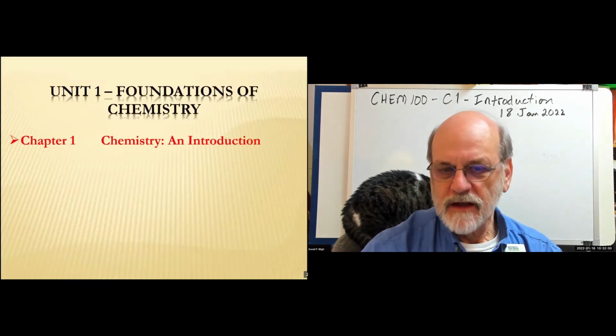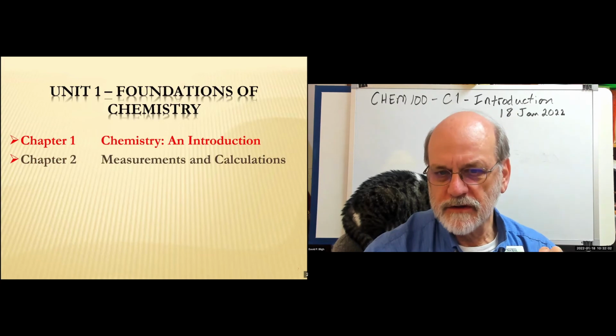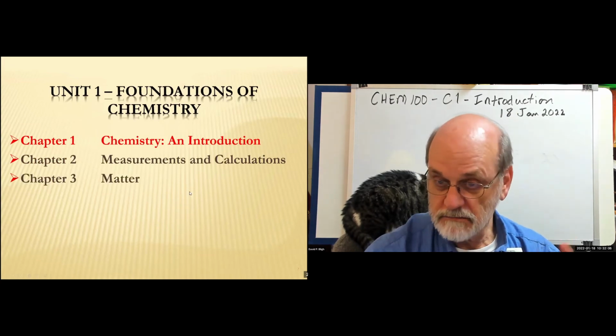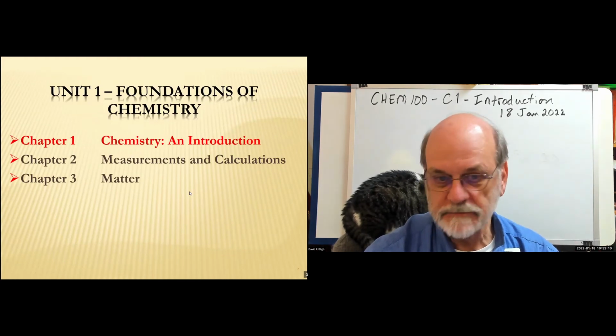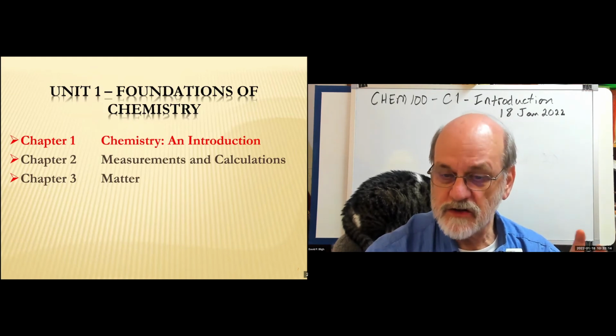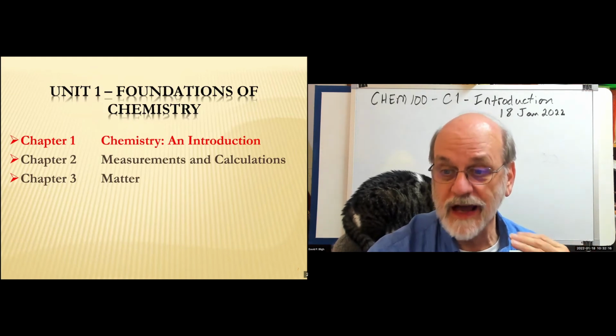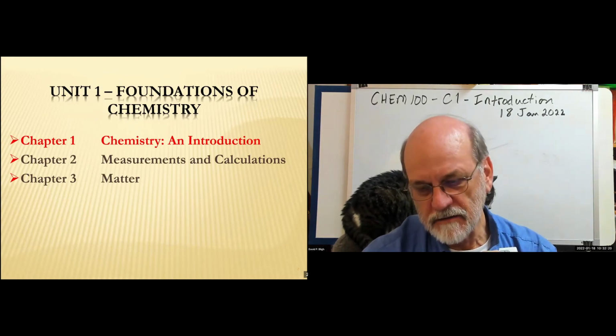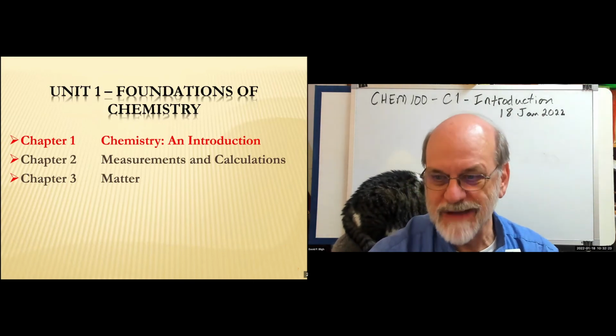Okay, so in this first exam, we're going to have these 3 chapters. We have an introduction, which is just basic stuff. Then we'll talk about how measurements and calculations are done in chemistry and in sciences in general. And then we're going to start looking at the real stuff of chemistry, matter.